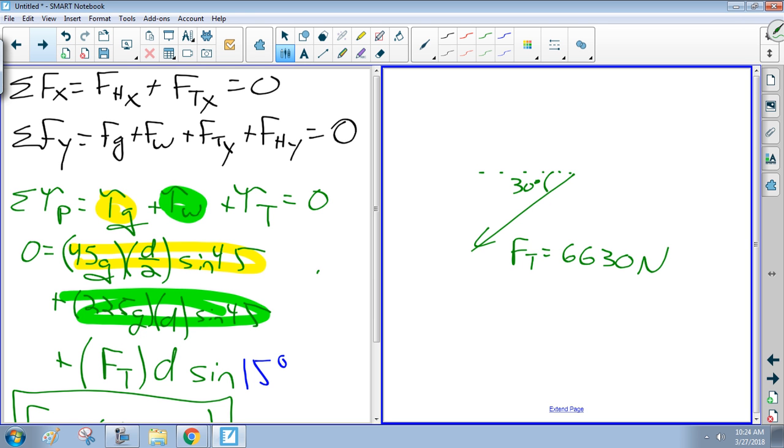Not 15, so be careful there. So we can find our components. So here's our force of tension in the x direction, force of tension in the y direction. The y direction is going to give you 3315. And the x direction, we've got to figure it out. Oh, well, it's on the answer sheet. 5740. Everybody cool up to there?